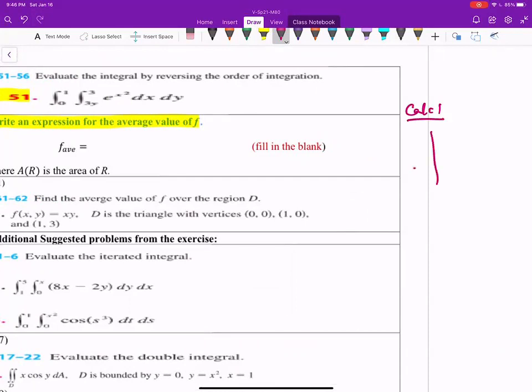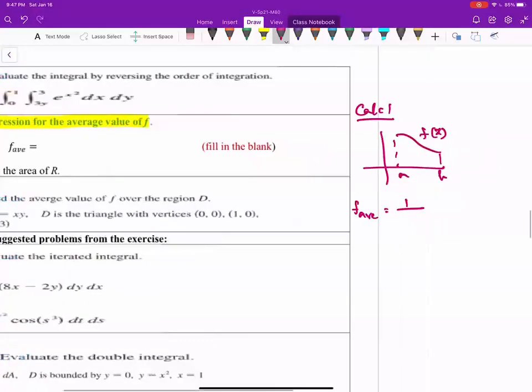So if you have a function defined over the interval a to b, then the average value of the function is defined to be 1 over the length of the interval over which the function is defined, 1 over b minus a, integral a to b, f of x dx. So it is single variable, then the function is defined only over the interval.